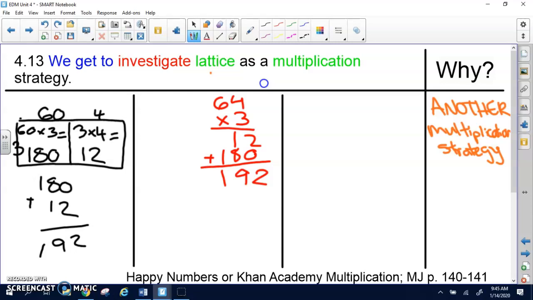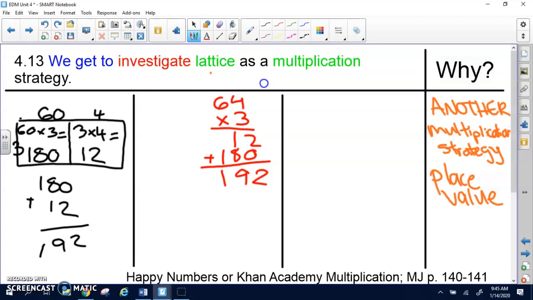I've said this phrase several times because it really is the most important idea you need to know in order to understand the similarities between partition rectangles, partial products, and now lattice.